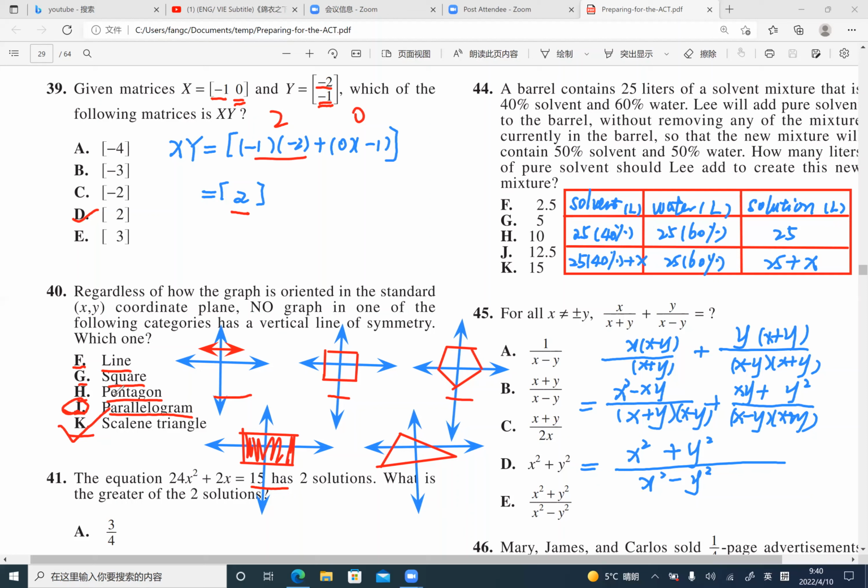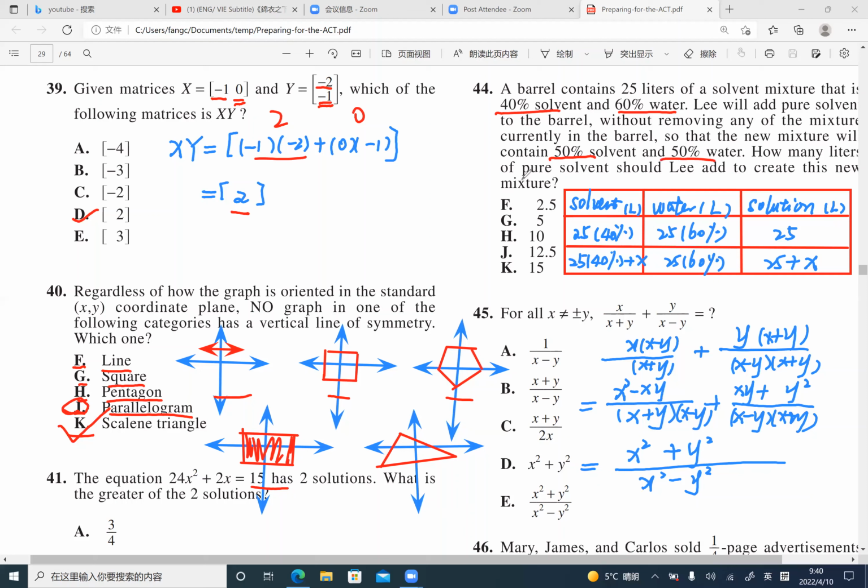Question 44. A barrel contains 25 liters of solvent mixture that is 40% solvent and 60% water. Lee will add pure solvent to the barrel without removing any of the mixture currently in the barrel, so that the new mixture will contain 50% solvent and 50% water.